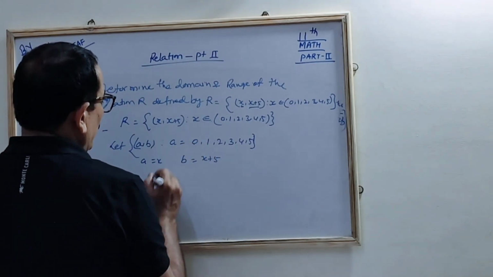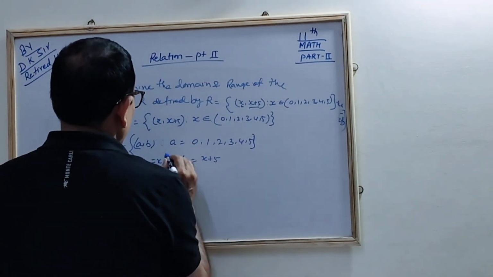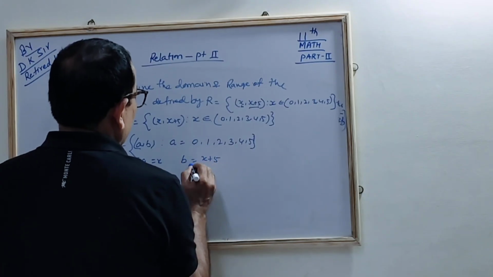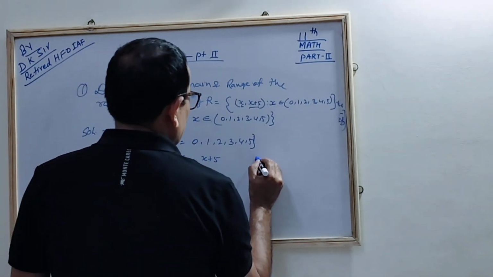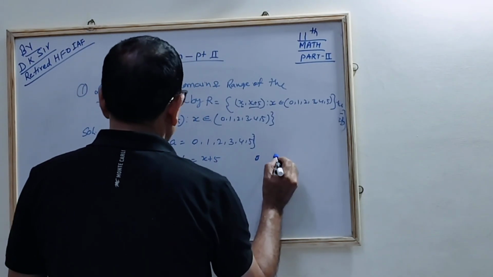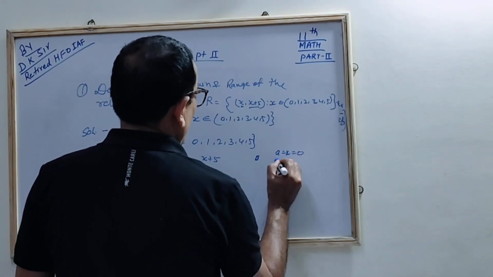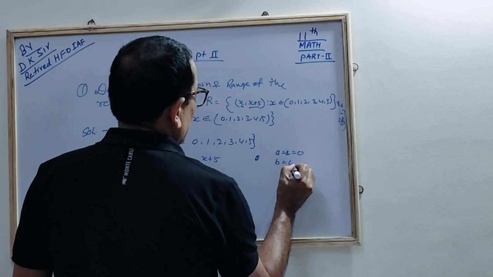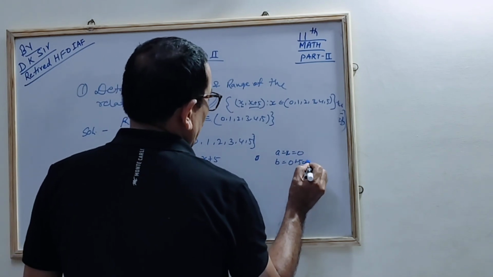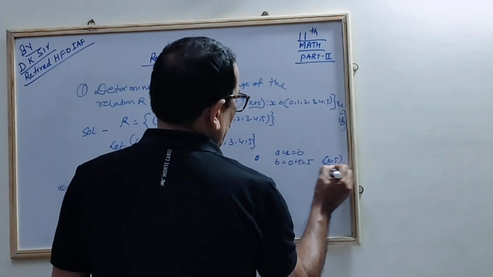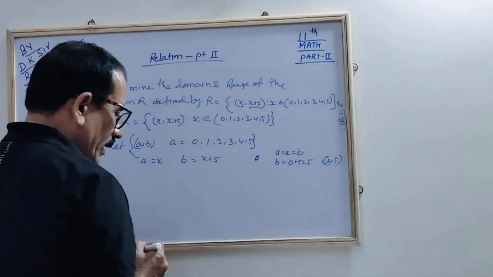We will put in all the values. If we take a equal to x equal to 0, then b will be 0 plus 5, which is equal to 5. So (0, 5) will be one ordered pair. Understood?